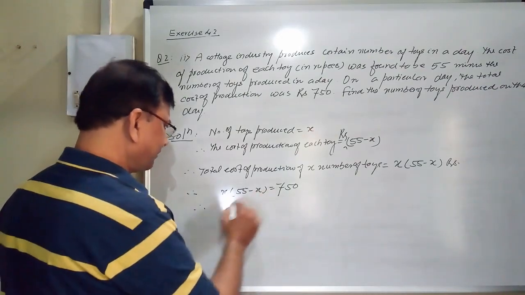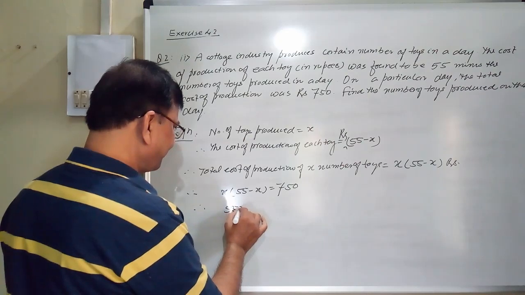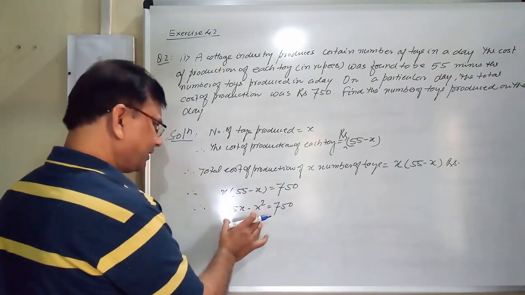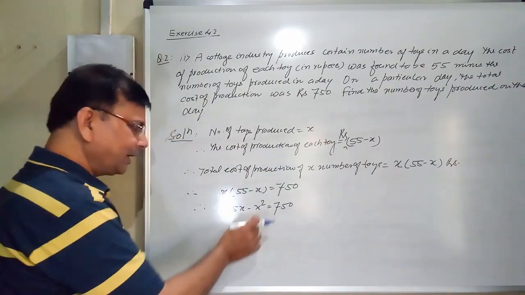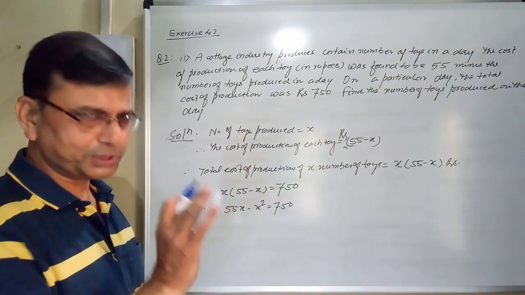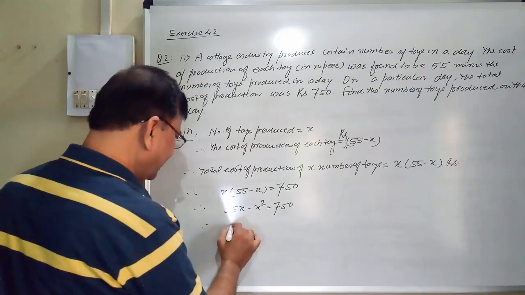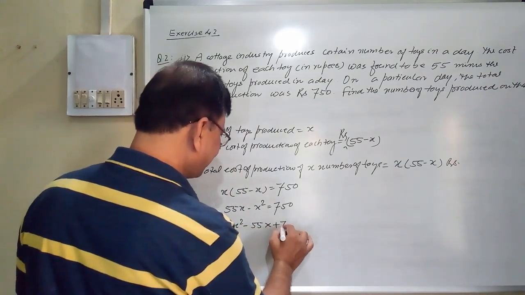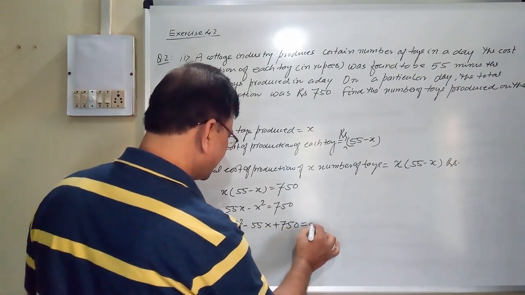So therefore multiply this, that is 55x minus x square is equal to 750. We will transfer everything to the right hand side to make the x square term positive. Therefore x square minus 55x plus 750 is equal to 0.